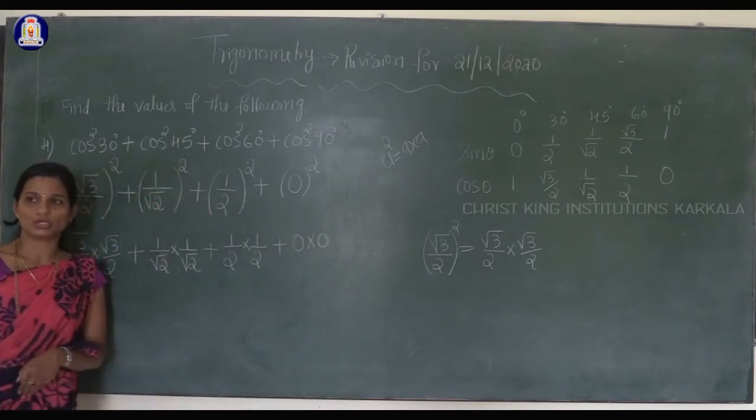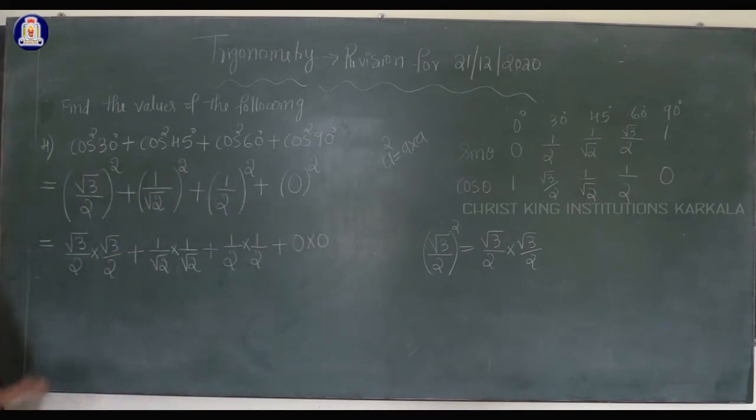Is this clear? Now, which is equal to, already you know, right? Root 3 into root 3, how much? Directly I'll write 3. Root 3 into root 3 is root 9.